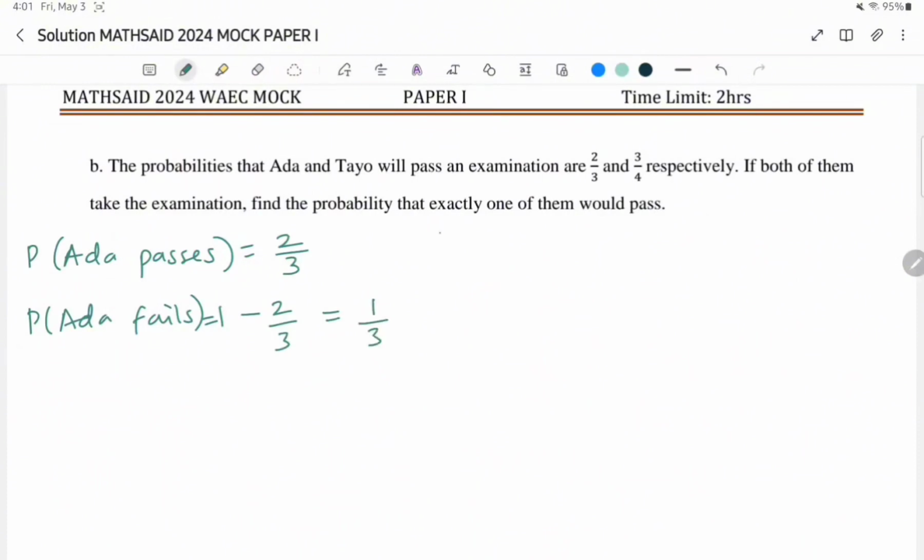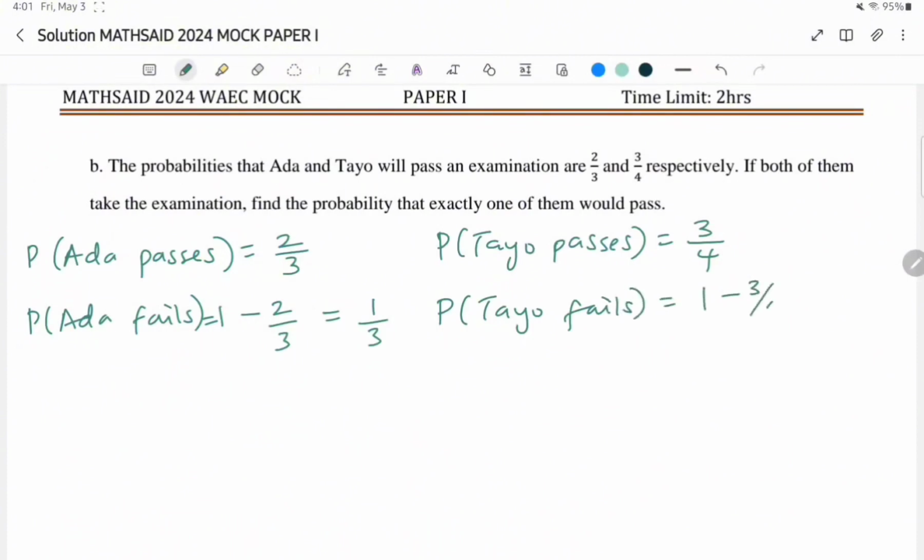At the same time, the probability that Tayo passes is given to be 3/4. That means the probability that Tayo fails the exam is 1 minus 3/4, and that's 1/4.